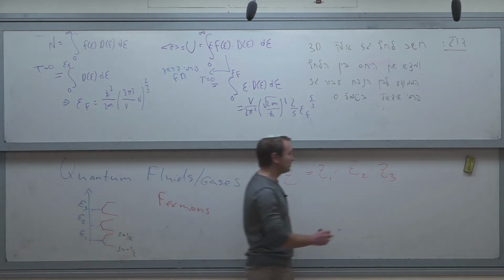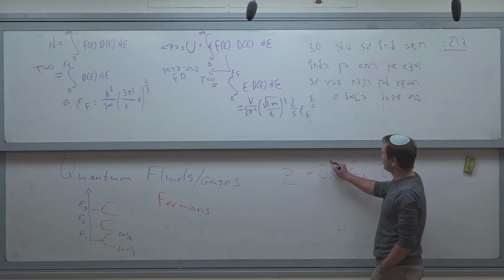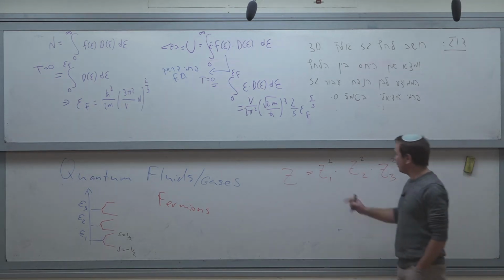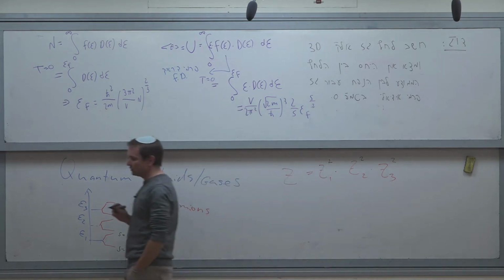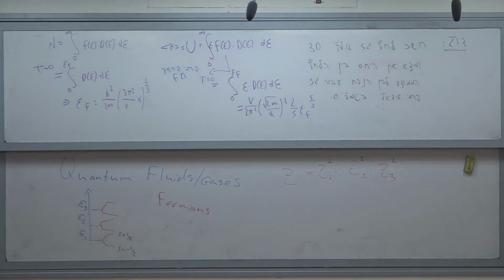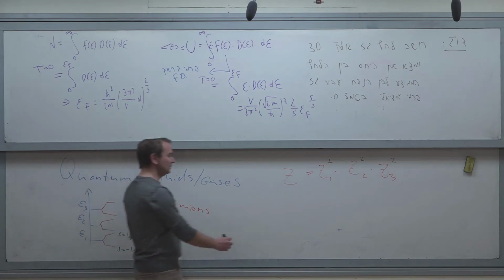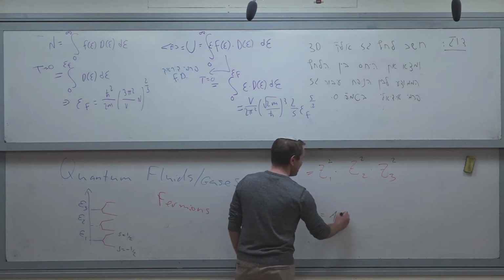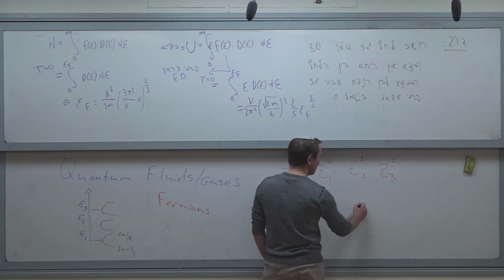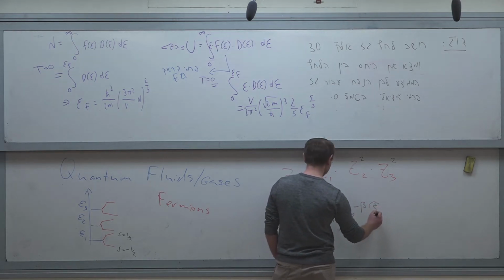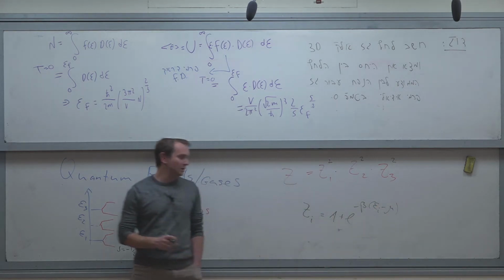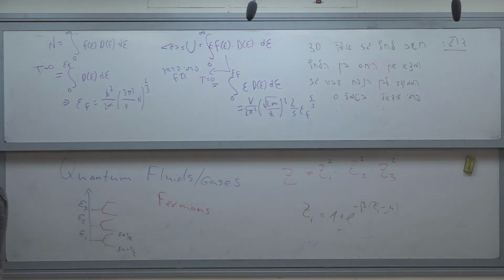So that brought another factor, or powers of 2, over here. What was our Z1? It was 1 plus e to the power minus beta epsilon I minus mu. This is what we managed to obtain last week.